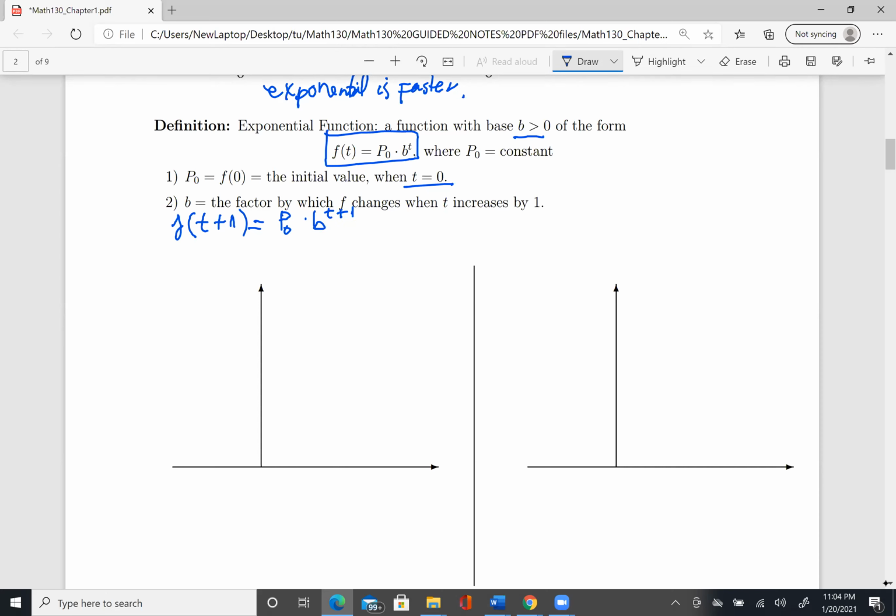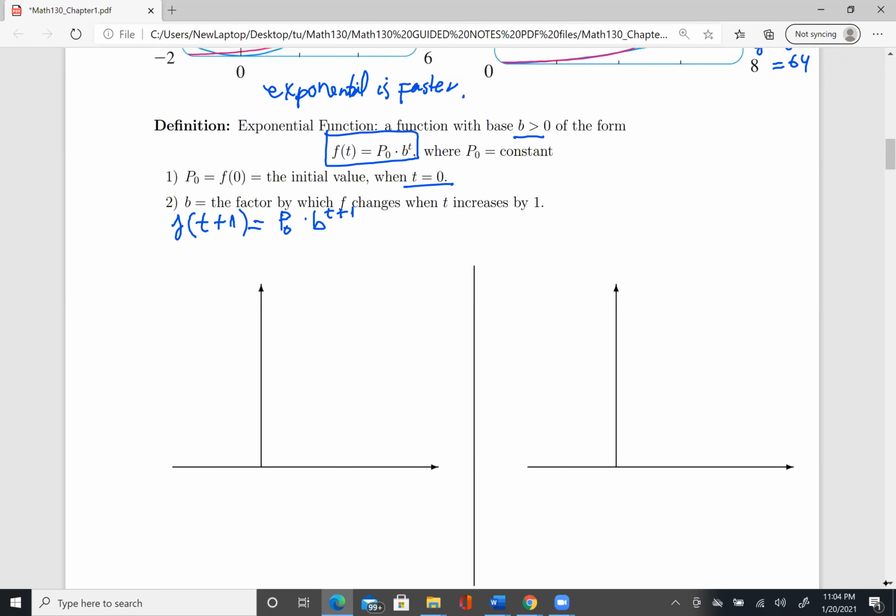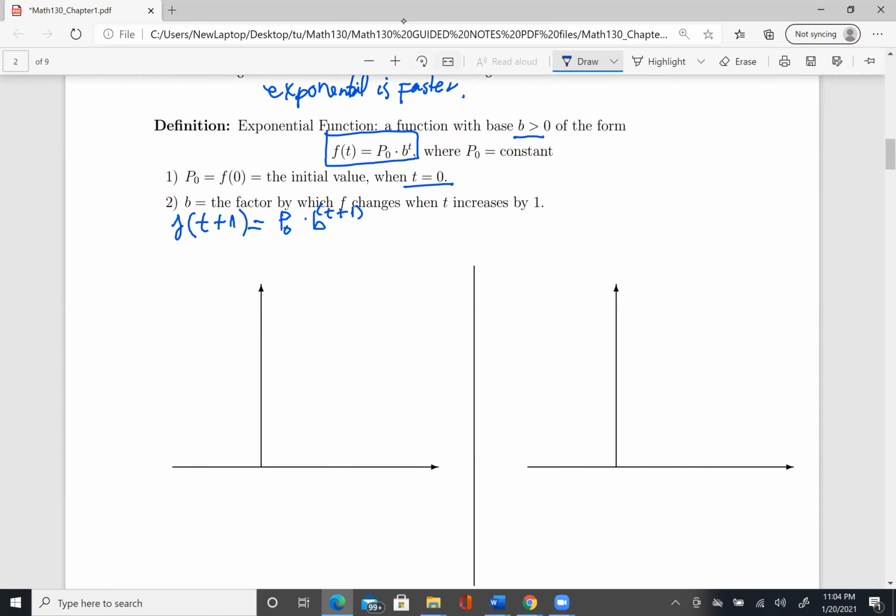Now I have to change the t to be t plus 1, because now the input is t plus 1.